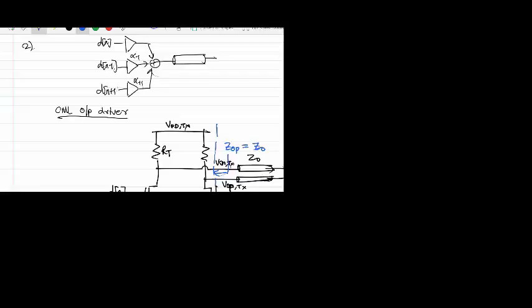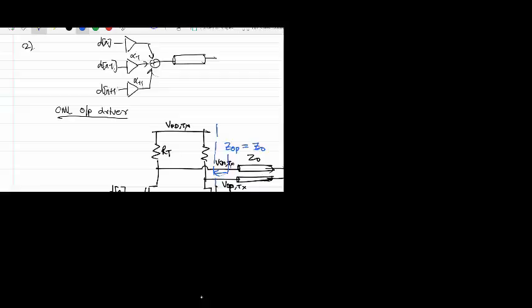In this implementation, all these transistors are active devices and the resistor is a passive device. Once I choose that resistor as a physical value or poly resistance, the termination is taken care of by the physical resistance, which is RT, and the signal swing will be taken care of by D n and D n bar.